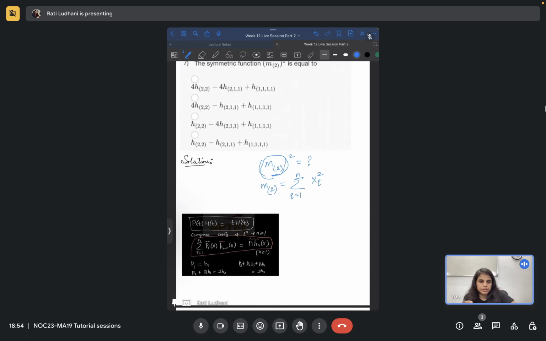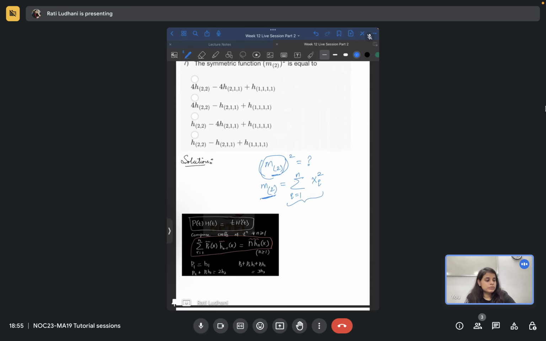Because 2 is the partition, the first one will get the square, and we have all the permutations to make it symmetric, right? So this m2 is always this. And now what is this?